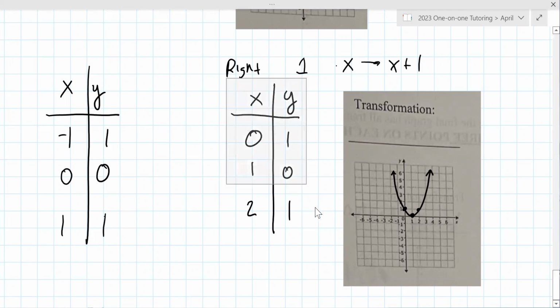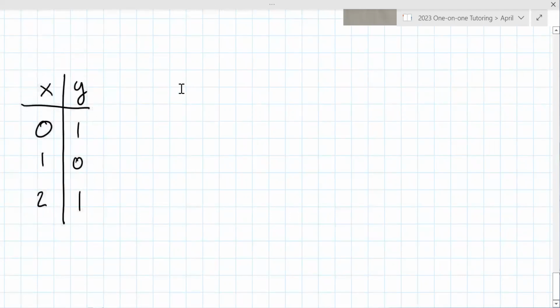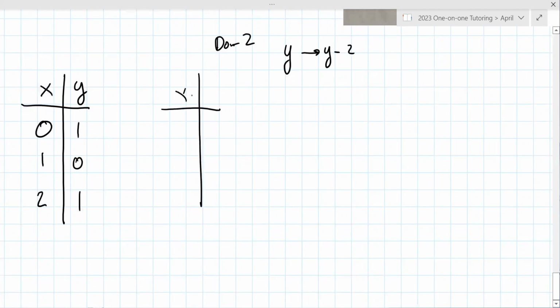We're going to grab these data points here. This one is down 2. So let me grab this table. Okay. We're going to now go down 2. Okay, so that affects the y. y goes to y minus 2. So I want you to subtract 2 from all the y values, please.